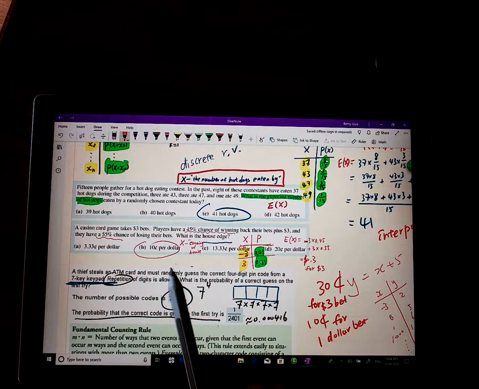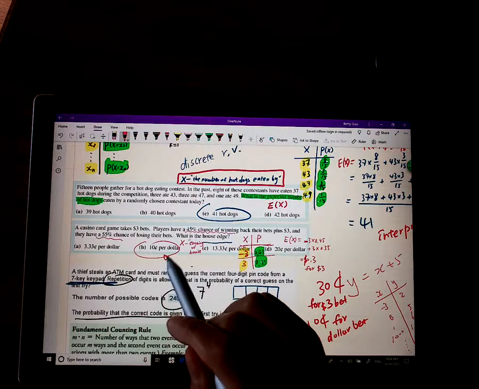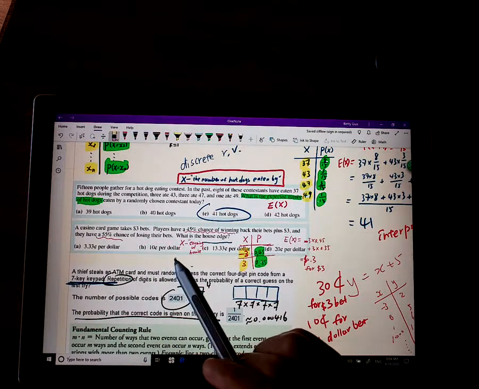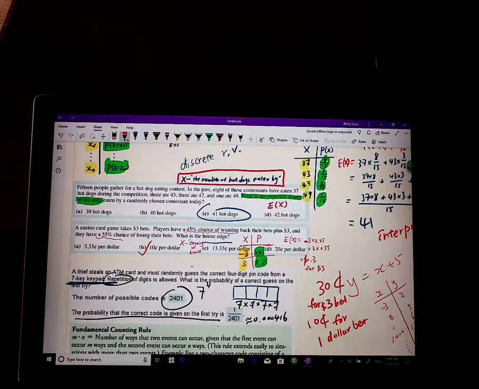For each dollar that the player bets, the casino expects to earn 10 cents. 10 cents is 0.1, so 0.1 over $1. That is 10%, right? Well, that's pretty good. All right, so that is expected value. We're going to stop here and start a second part.